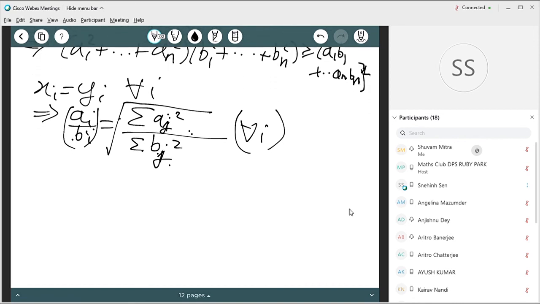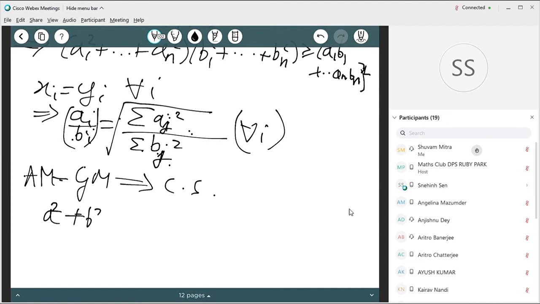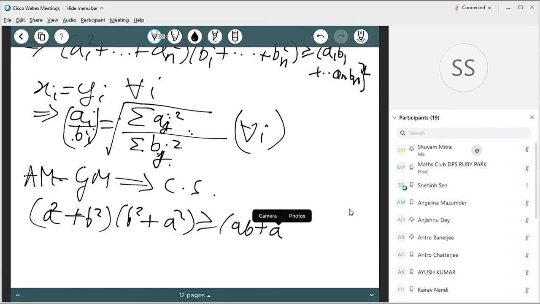Okay, so this is the proof of Cauchy-Schwarz, which I was saying using AM-GM. Also, the funny thing is, we just saw that AM-GM implies Cauchy-Schwarz, right? From our proof. And very trivially, a square plus b square times b square plus a square is greater than or equal to ab plus ab, right?